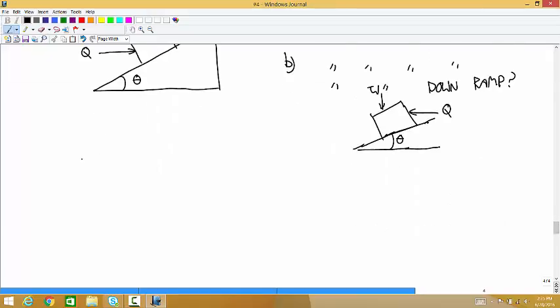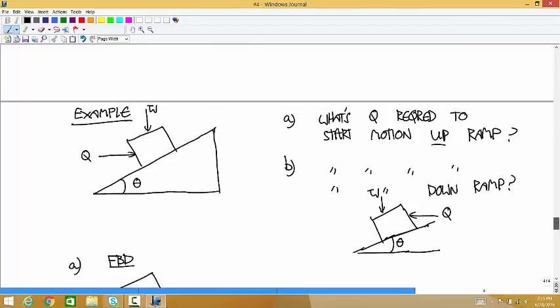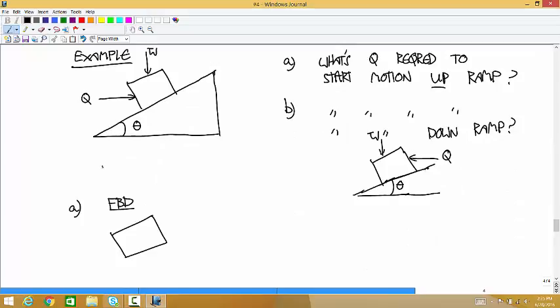Okay, so for part A, let's draw a free body diagram of the block. Oh, and I need to tell you that the coefficient of static friction is mu sub s, so that's going to come into our calculation. All right, so there's a weight force acting down.